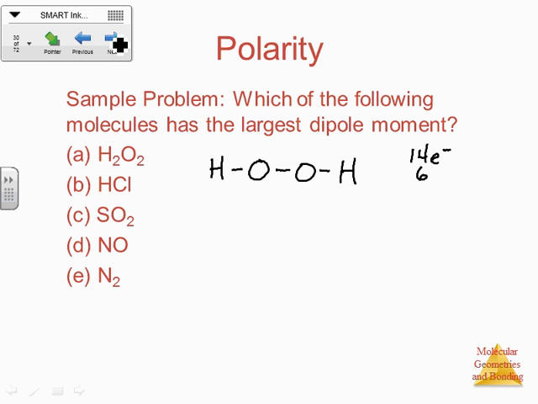We just used up 6 of those. We've got 8 left. And hydrogen does not want any more valence electrons, so those are going to go around the central atoms. Okay? So what we have here is a couple of bent structures, alright? So that one is not going to be symmetrical overall. So we'll come back to that one in just a minute, okay?